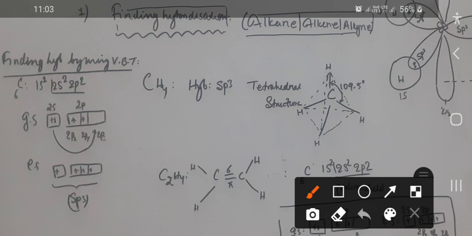In case of having 3 sigma bond, it will be sp2, and in case of having 2 sigma bond, then the hybrid orbital will be sp. And when it is sp, then it will also have 2 pi bond, and in case of sp2 there is 1 pi bond between the carbon atoms and 1 sigma bond between the carbon atoms.